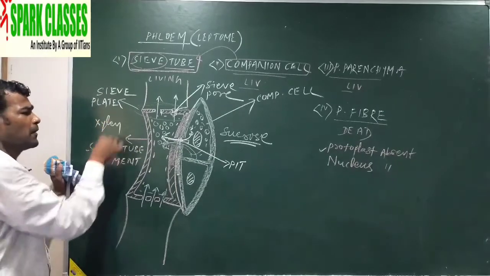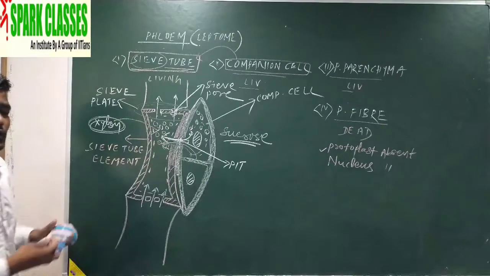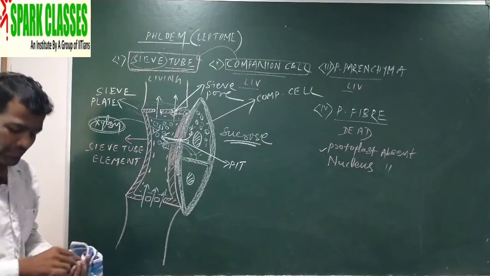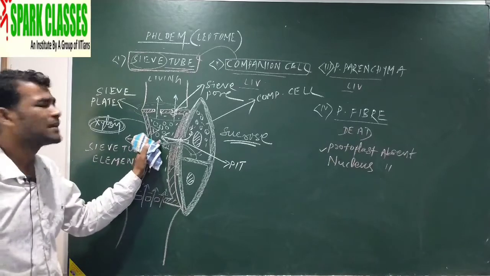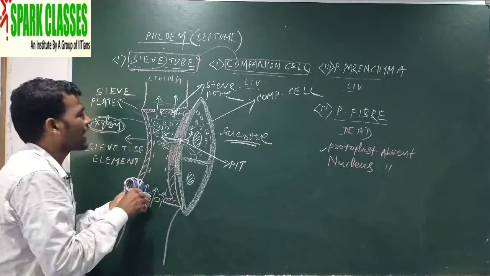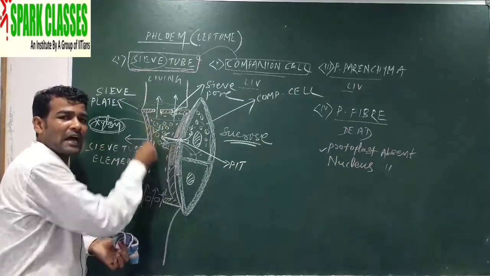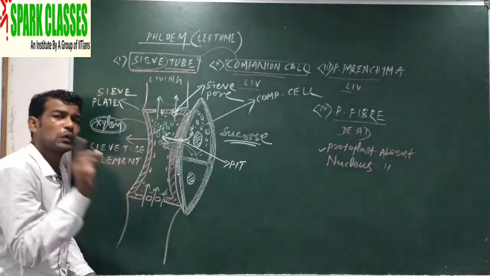This is the phloem. The xylem contains water, and from the xylem also water enters. So when more and more water enters this sieve tube, what will happen? The pressure will increase at this portion. There is high pressure in this part, but at the opposite end there is low pressure.